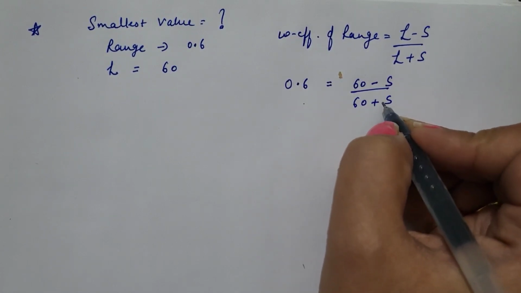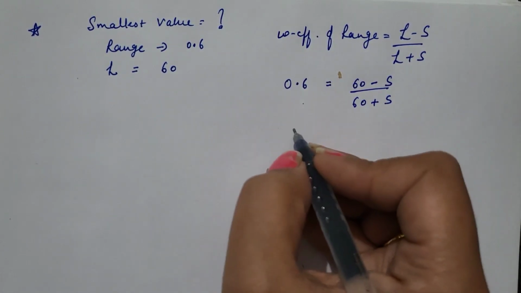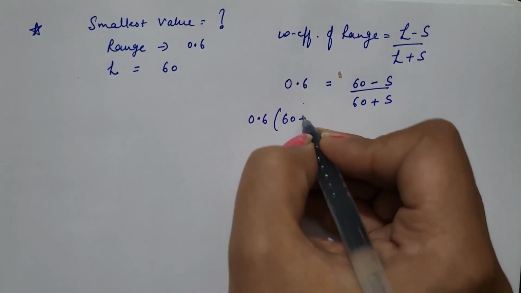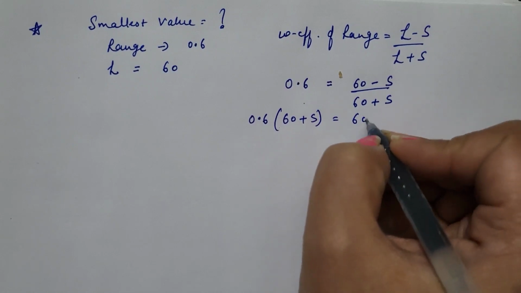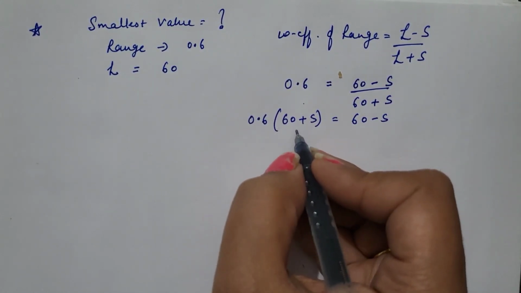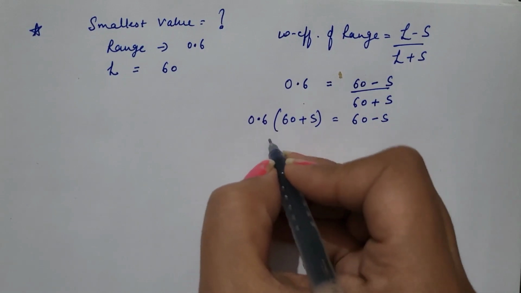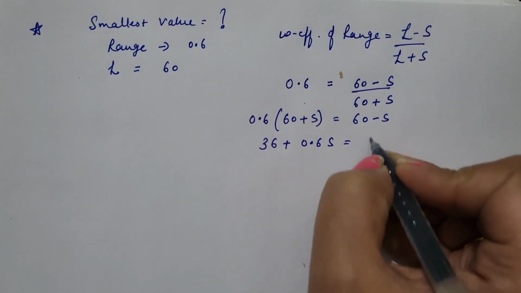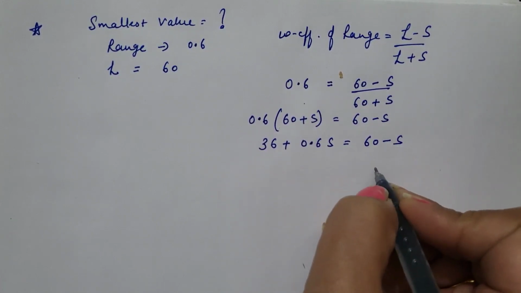That would be S itself. By cross multiplication, we can multiply 60 plus S with 0.6. Here 60 minus S would be here. So if I solve it, it would be 36 plus 0.6 S is equal to 60 minus S.